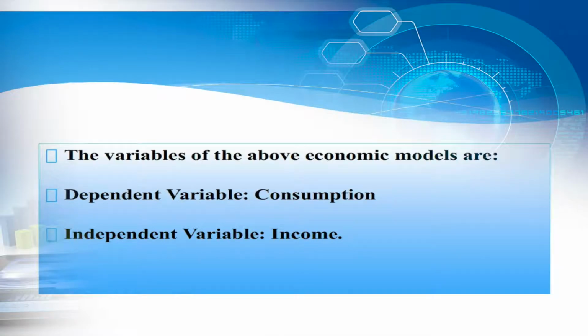Now let us identify variables from the maintained hypothesis of Keynes. In the above example, we can clearly say consumption is the study variable and income is the influencing variable, and so we will take consumption as the dependent variable and income as the independent variable. After the identification of the variables, we have to specify the model.